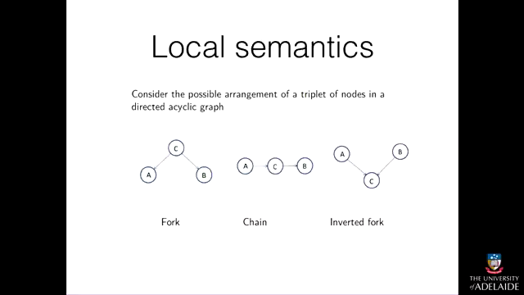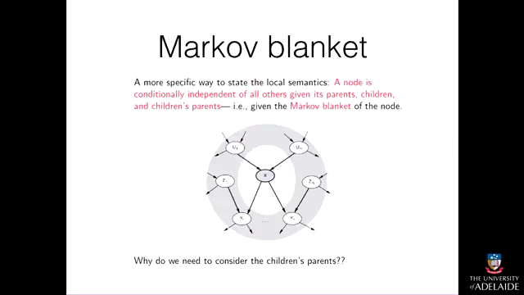Okay, how about this one? If C is given, will A and B be conditionally independent given C? Any idea? No? Why? It's not child's child.